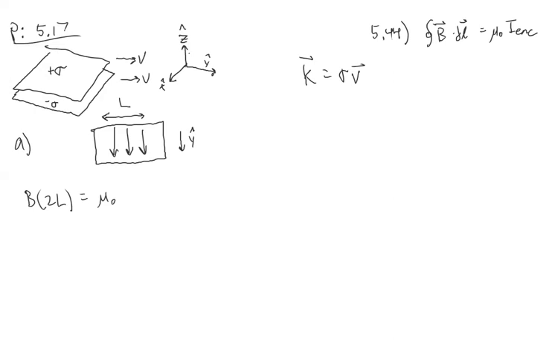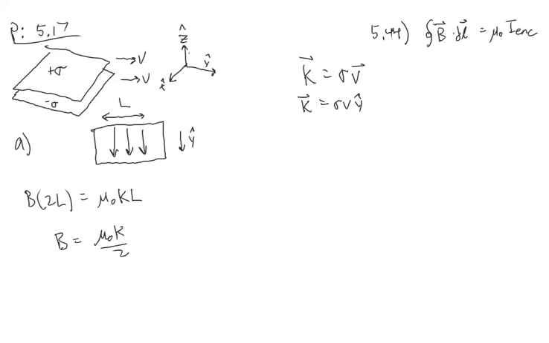In this case, we are calling the direction of v y hat. So now the current enclosed is just K times L. If we solve for B, we have B is equal to mu naught K over 2.